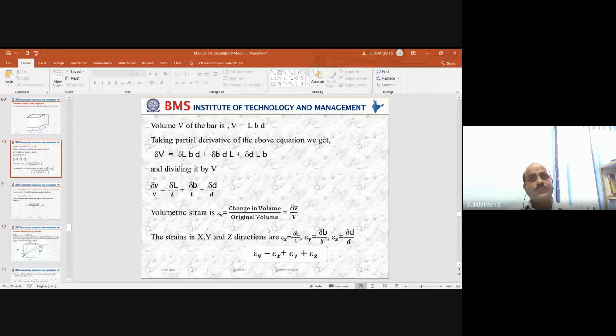How can we determine the volumetric strain in that rectangular bar? Okay, this is another important conclusion we are arriving at.